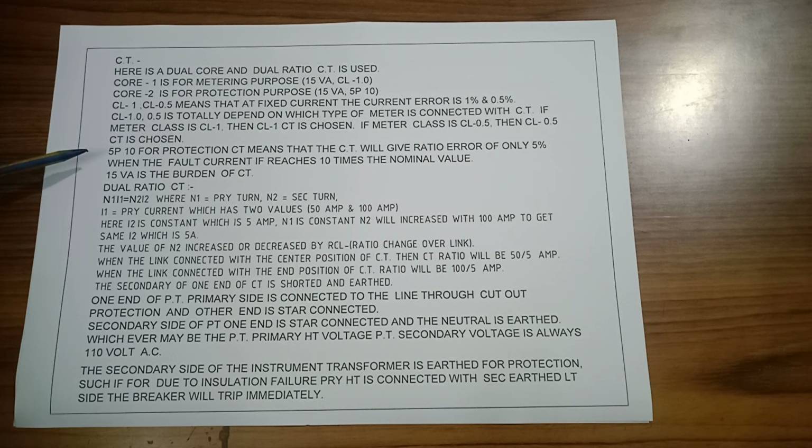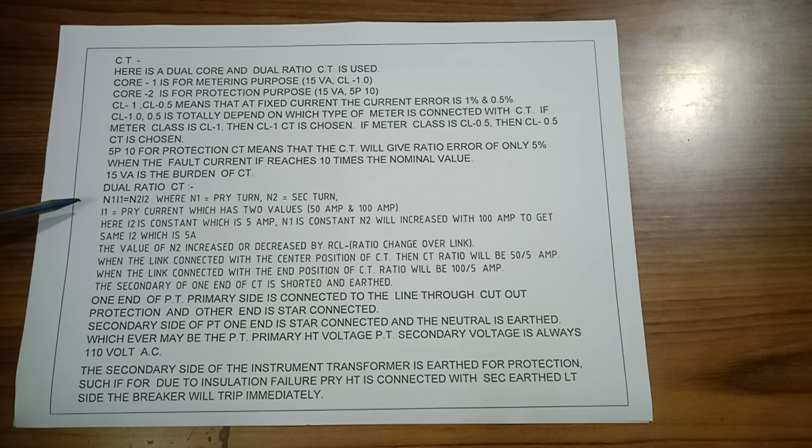5P10 for protection means that the CT will give a ratio error of only 5% when the fault current reaches 10 times the nominal value. 15 VA is the burden of the CT. Dual ratio CT. We know N1I1 is equal to N2I2 of a transformer.